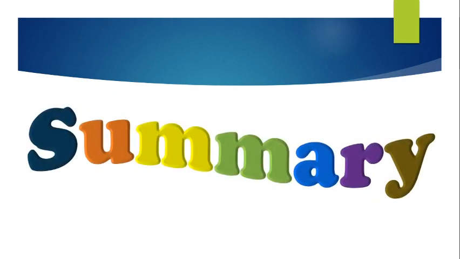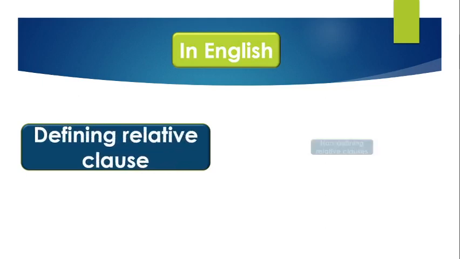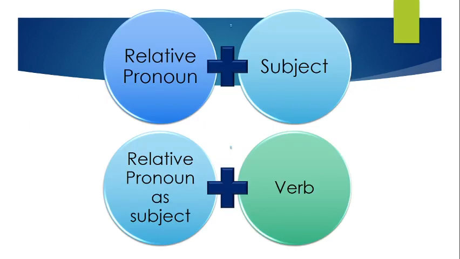Let's summarize a little bit. We said that in English we have defining relative clauses and non-defining relative clauses. Now, let's remember that when we have the relative pronoun followed by a subject, this relative pronoun can be dropped off the relative clause.